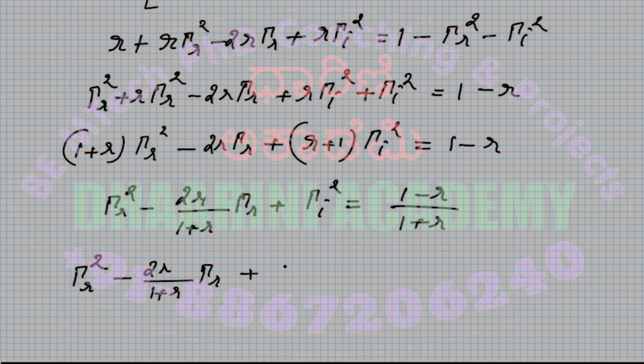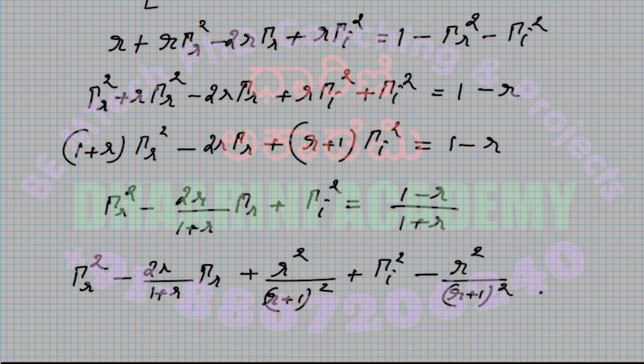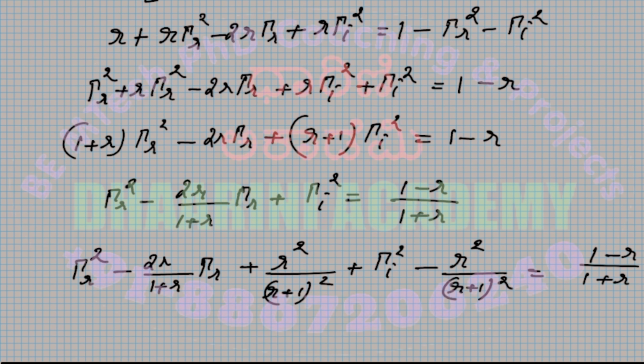So this is plus r square divided by (r plus 1) square. Then I have plus gamma I square. Then I subtract the term which I added, r square by (r plus 1) the whole square, equal to 1 minus r by 1 plus r. Okay, now you see what we are trying to do here.